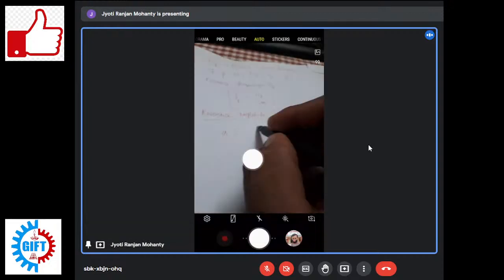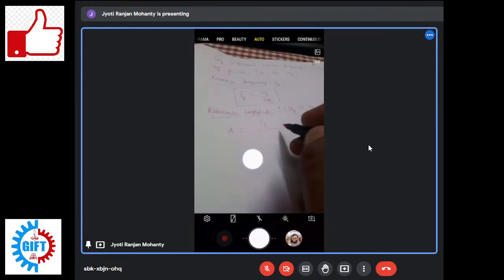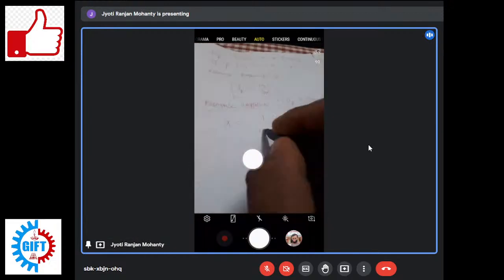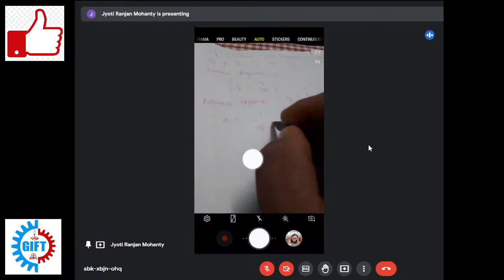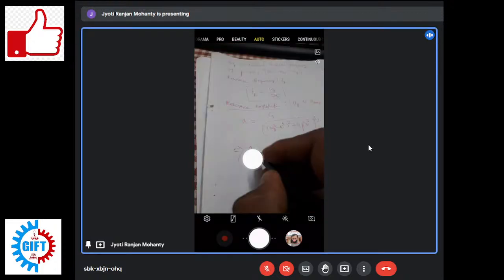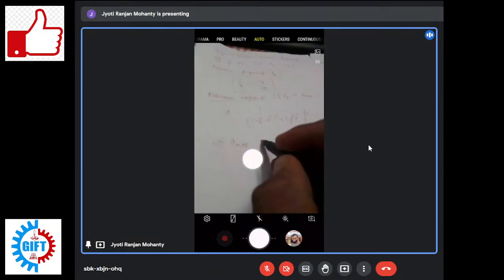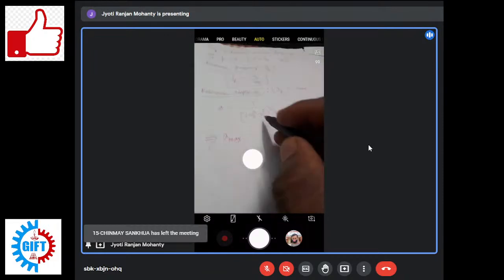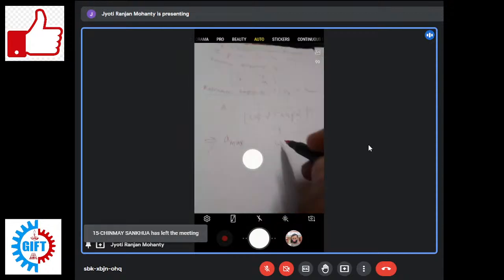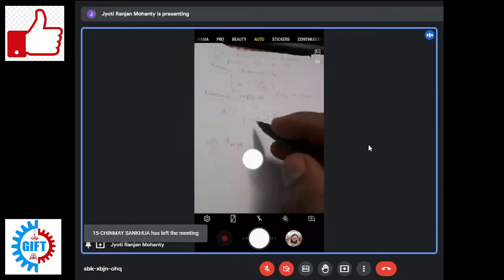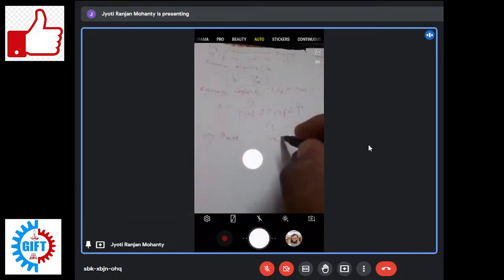A is equal to G divided by omega naught square minus omega square, under root. A becomes A max when this is a constant, this is omega naught, natural, we don't touch that, but in that case omega becomes omega r.